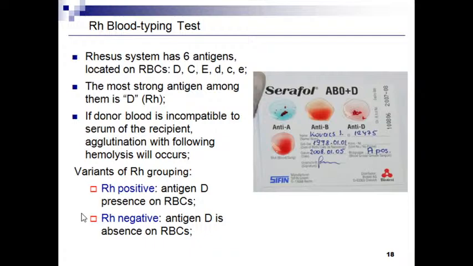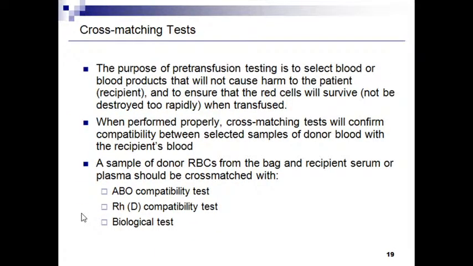You should combine erythrocytes with anti-D monoclonal antibody. Rh positive, antigen D presence on RBCs, clamping of erythrocytes will be present, and Rh negative, antigen D is absent on RBCs. So the agglutination is absent, clamping of erythrocytes absent, and reagents will be lucid, transparent.